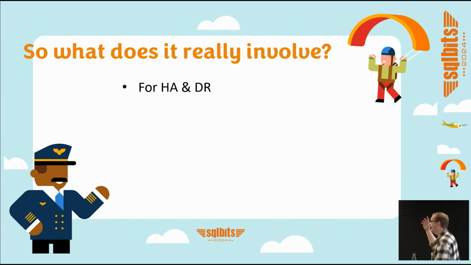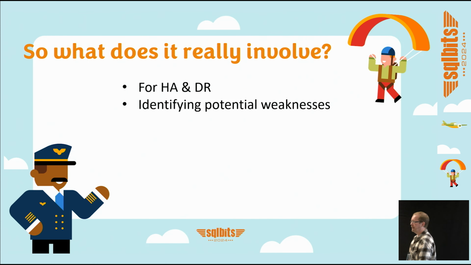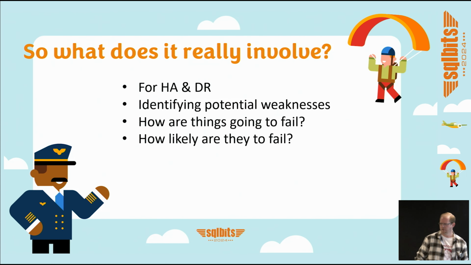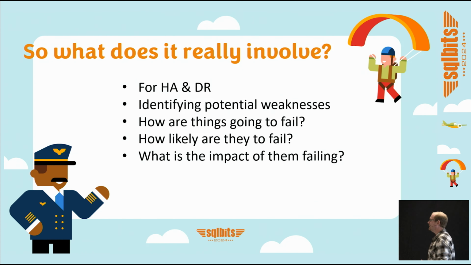So, as I said, it's for HA and DR. Identifying potential weaknesses: how are things going to fail? How likely are they to fail? And what is the impact of them failing? And you could do a whole load of exercises. This can be really fun. You can go and sit down with your teams in rooms and basically say, right, how are the systems going to fail?